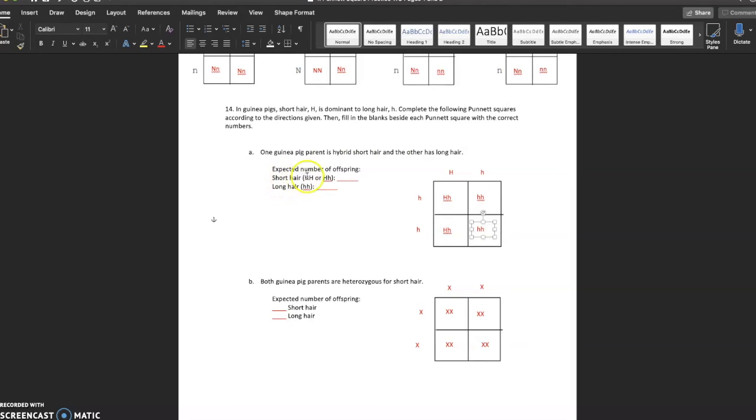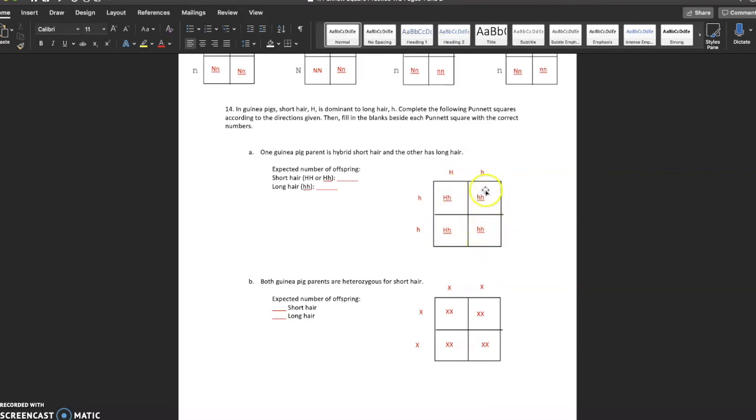So now that we have our Punnett square completed, we can answer the expected number of offspring. So for short hair, we're looking for the genotypes that have at least one copy of the dominant allele. That could have been two copies or one copy, as long as it has at least one dominant allele, that offspring is going to show short hair. So if we're looking at our Punnett square, we can see these two offspring here would have shown short hair, so they absolutely would have fit.